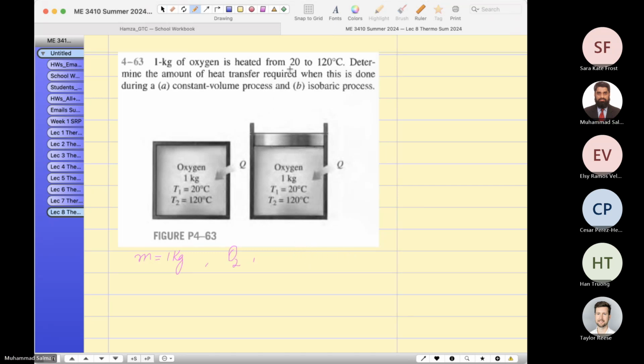It is heated first at constant volume and then at constant pressure. You have to find the heat supplied at constant volume, and the amount of heat transfer required when it is done, so the heat supplied at constant pressure.